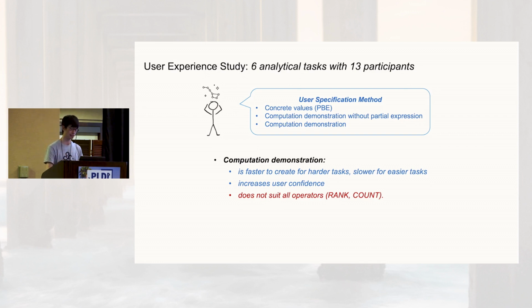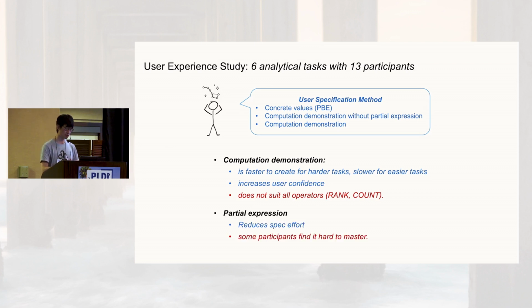They can eyeball and write it down, right? But in general, despite it sometimes being slower, users feel they are telling the computer more, so they feel more confident. On the other hand, we also discovered expressions don't really suit all tasks, like count and rank. You can eyeball and write down the answer, but you don't know how to write down how it's computed. It's not obvious. So this probably means some combination of specifications in the future.